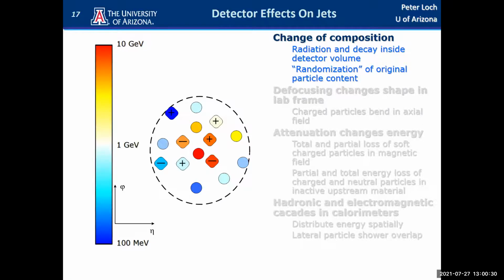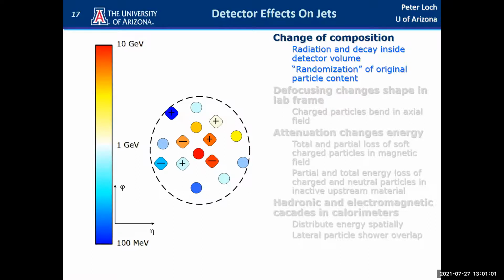These are the particles that are going in one jet, and let's assume the little dashed circle here catches these particles that belong to the jet. There is a good amount of radiation and decay inside the detector volume. Actually, we saw some 2010 plots of hadronic decays inside the tracking, which I wish I could find. They're very impressive.